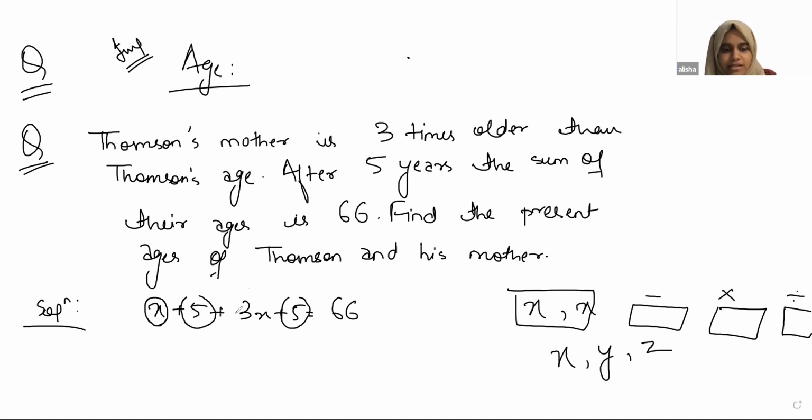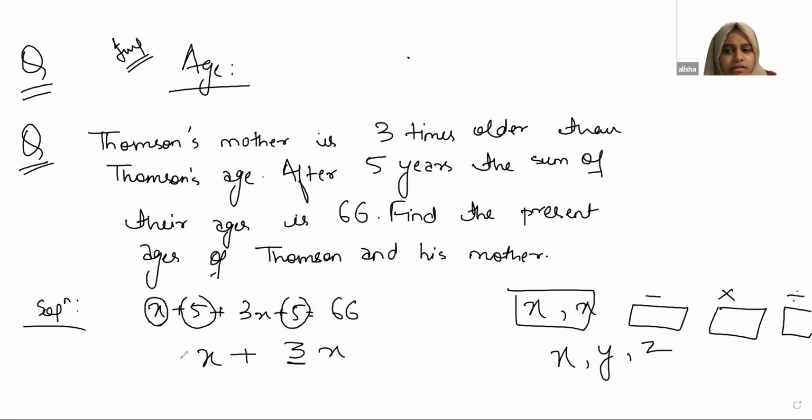So x plus 3x equals to what? Here with x I have 3, right? And here, only alpha.